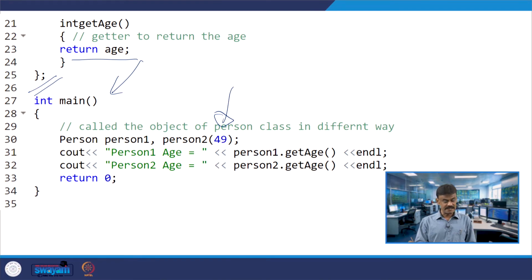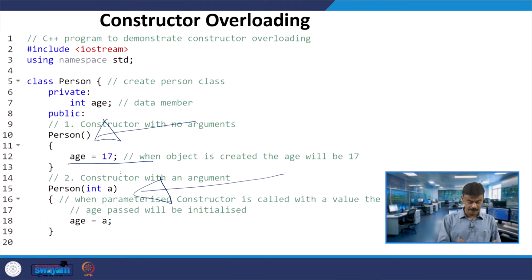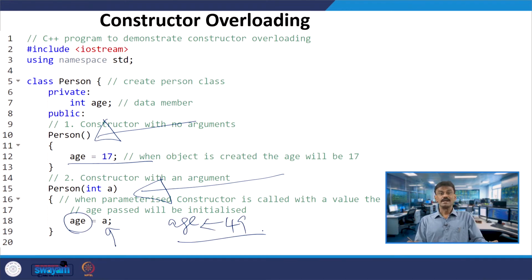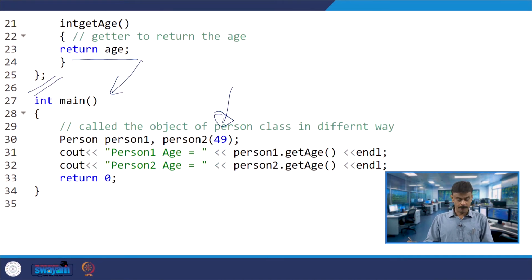When you are passing this particular a, 49 I am passing here, that will be assigned to age. So, age is now 49. This is what exactly is happening. Now you are printing two statements, cout person 1 dot get age.